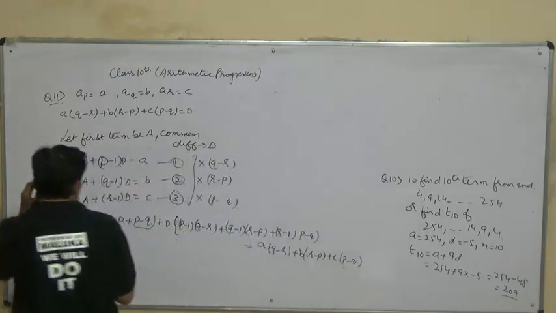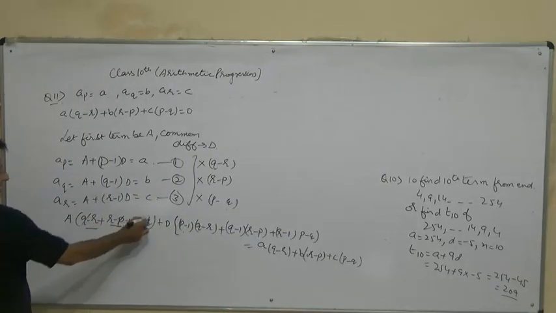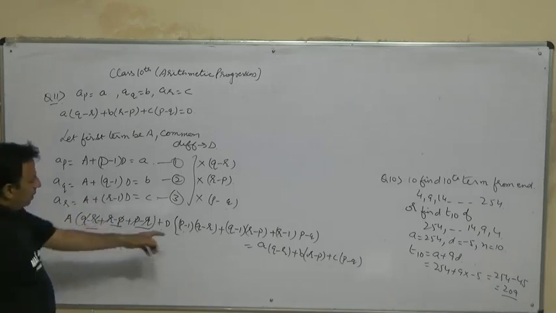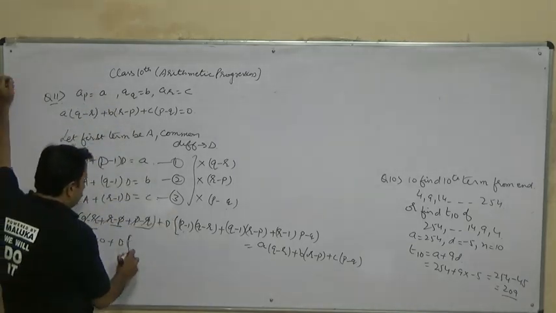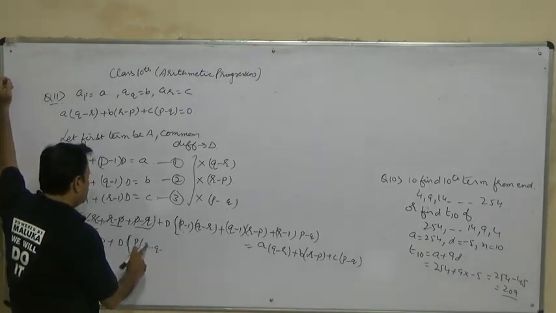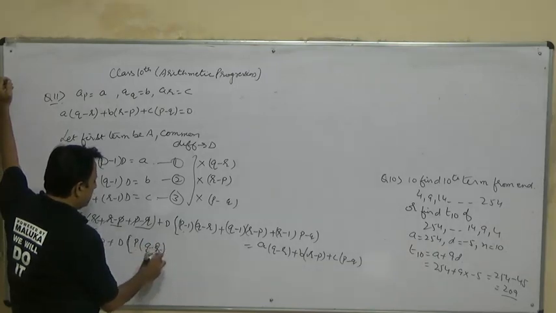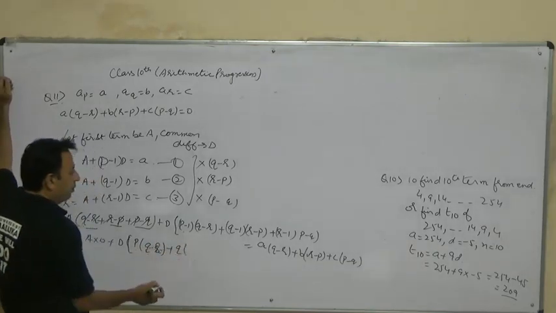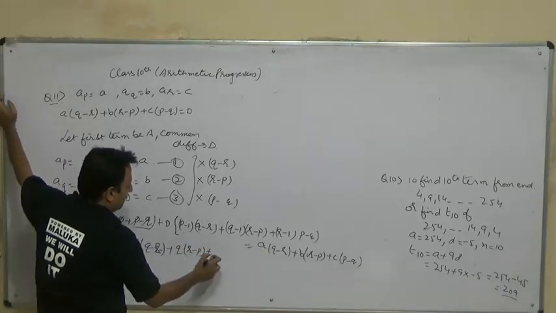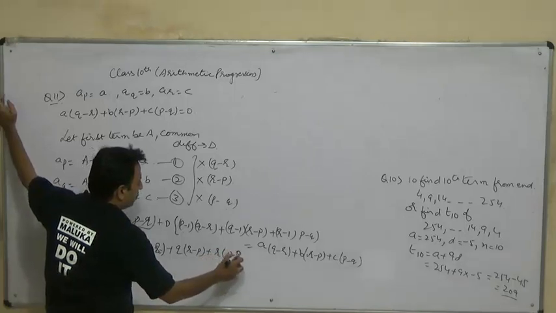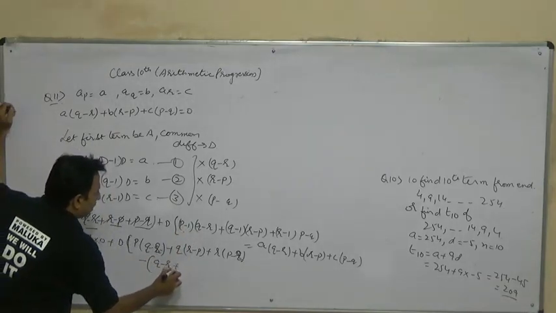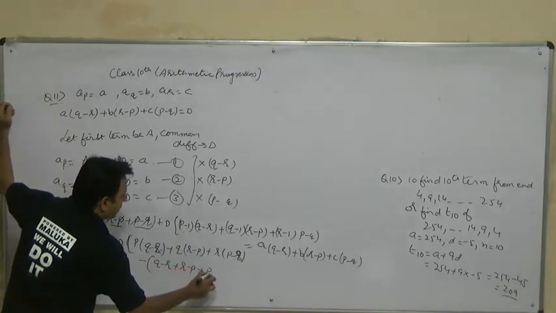So we can check that this cancels out, this cancels out, this also. A into 0. Similarly D into, we can shortcut it, p into (q minus r) plus q into (r minus p) plus r into (p minus q) and minus, this will be (q minus r), (r minus p), (p minus q).